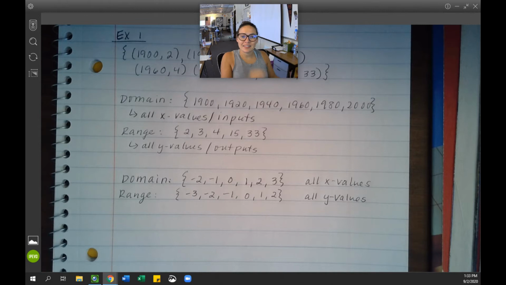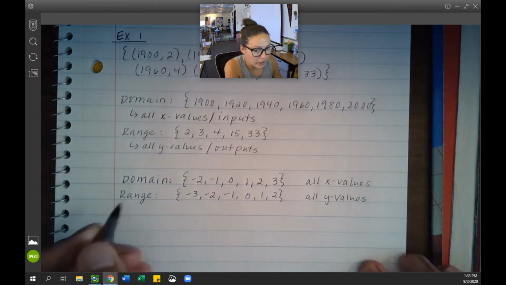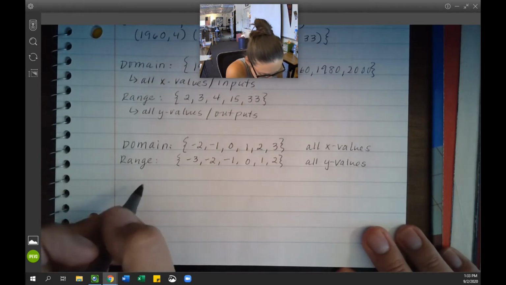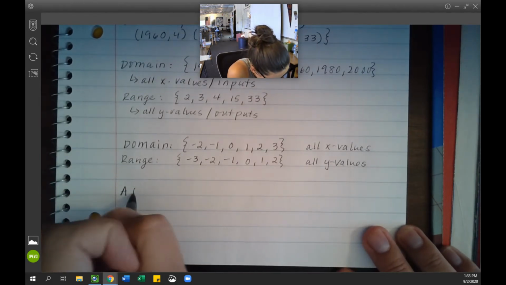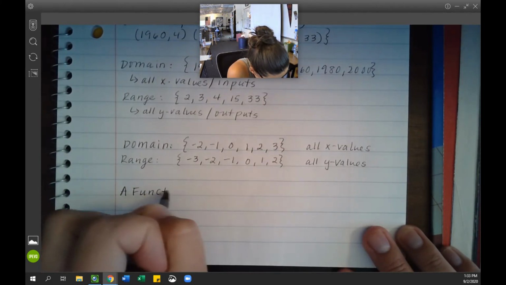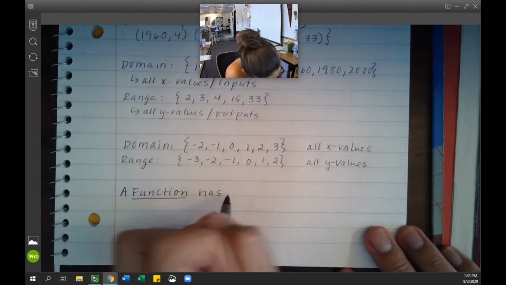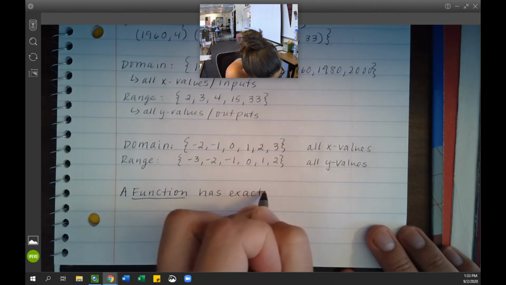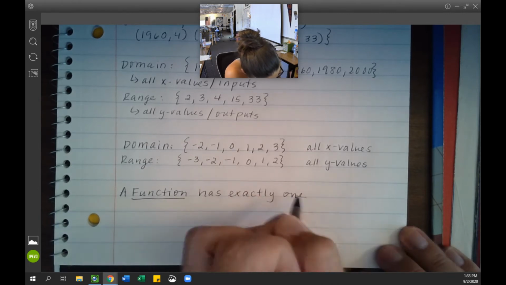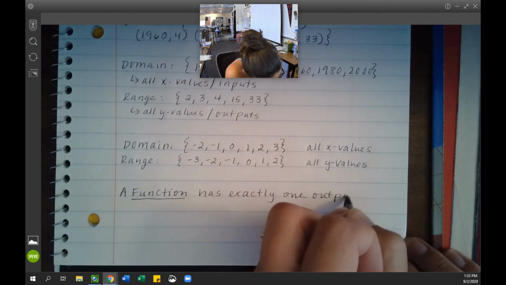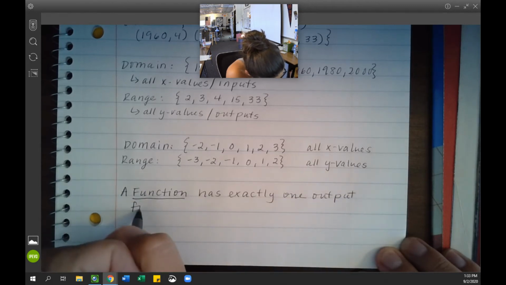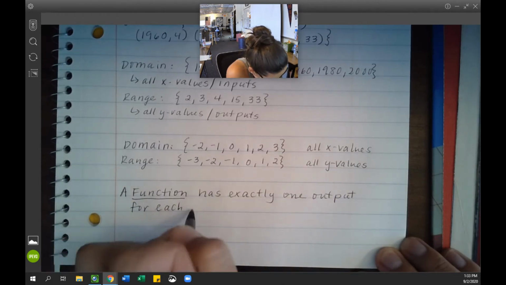Okay, now let's get more specific about a function. Here's an important definition. A function has exactly one output for each input.